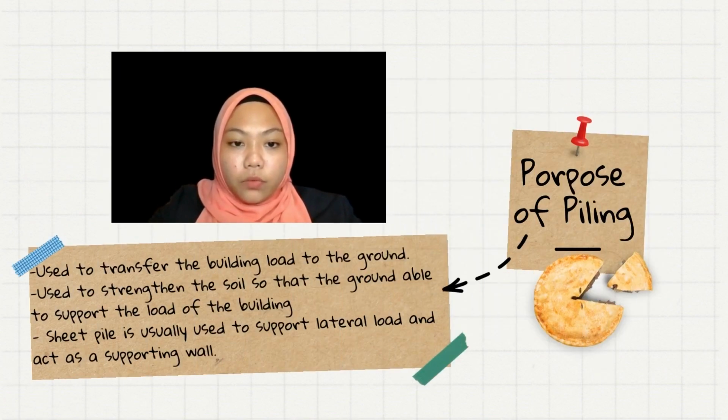The purpose of this piling works is to transfer the building load to the ground. It is also used to strengthen the soil so that the ground is able to support the load of the building, while sheet pile is usually used to support lateral load and act as a supporting wall.